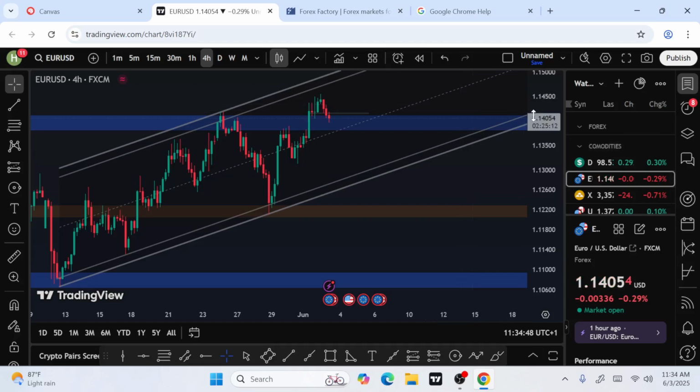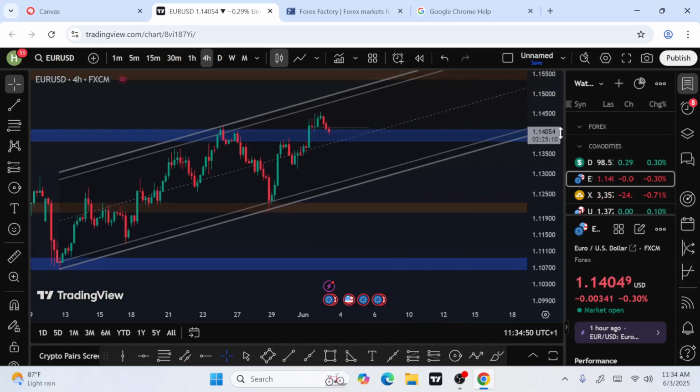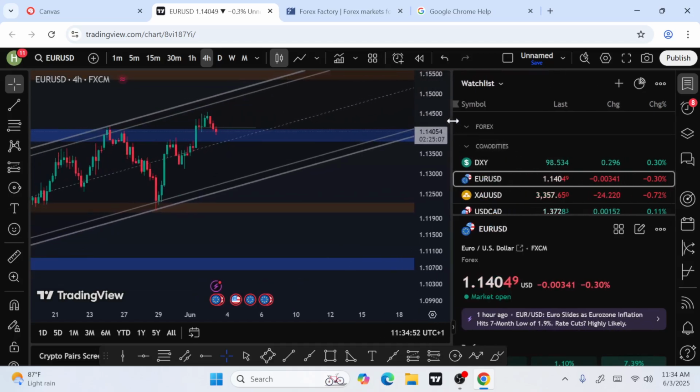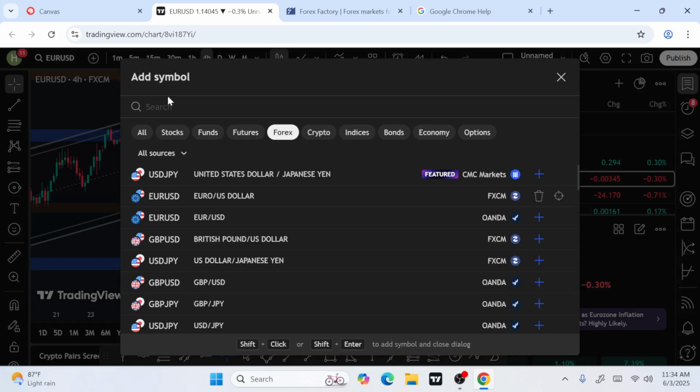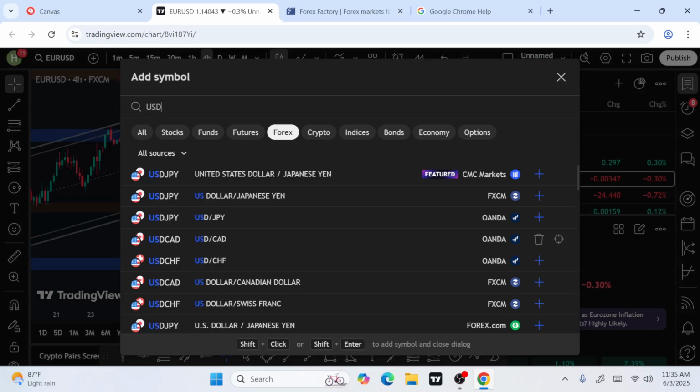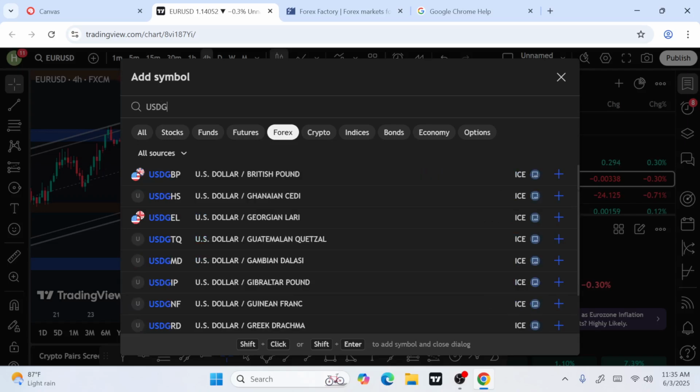Now we are going to do this. Let me add a new currency. Give me any major currency here. USD. Let's use GBP.